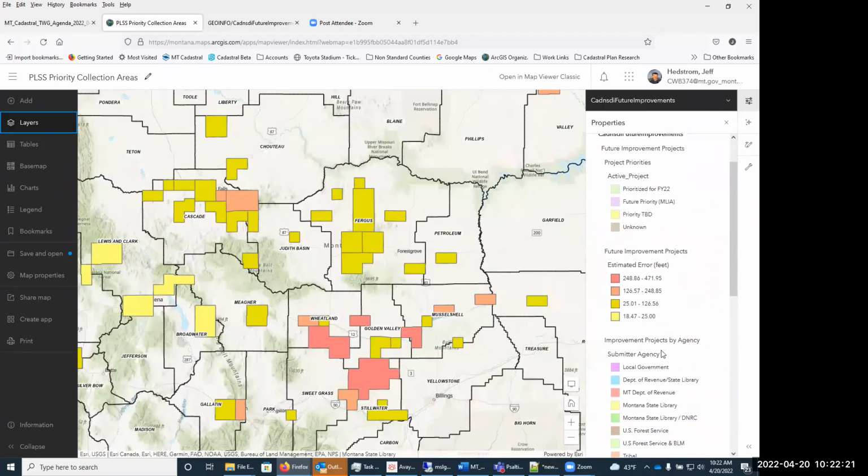So what we've started to do in the last little while is, as projects come up, work with DOR or whatever county to look at that and make sure we're not throwing a bunch of money at survey control for some spot that can largely just be fixed by redrawing something. But coming up with a better way to more objectively or repeatably do that on a larger scale is one of our goals here.